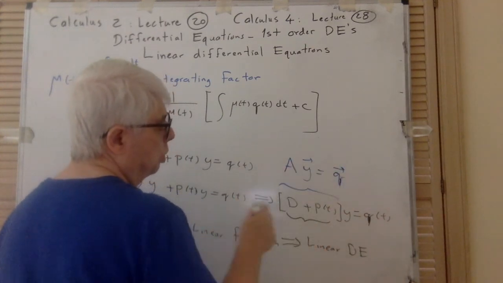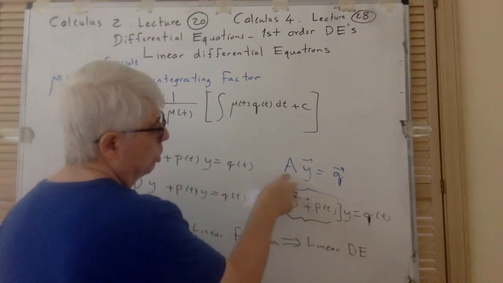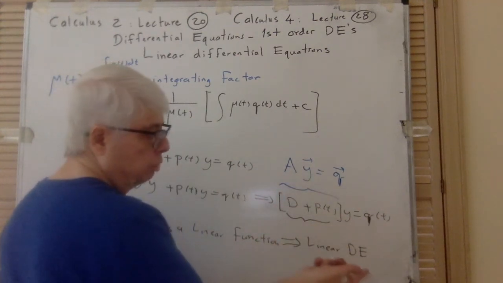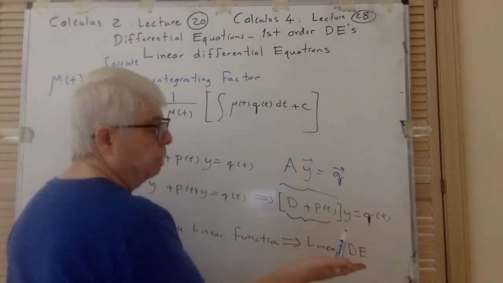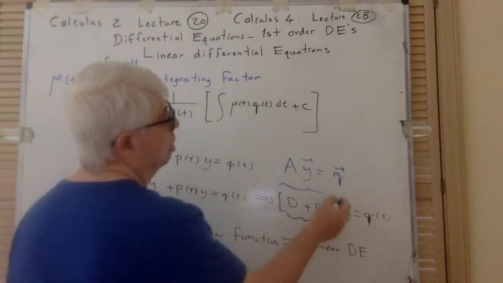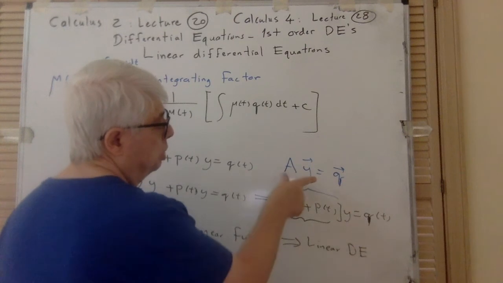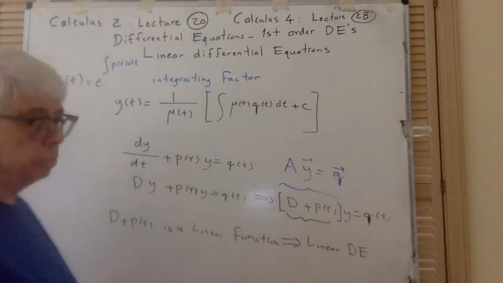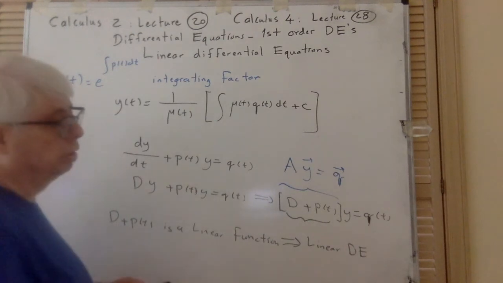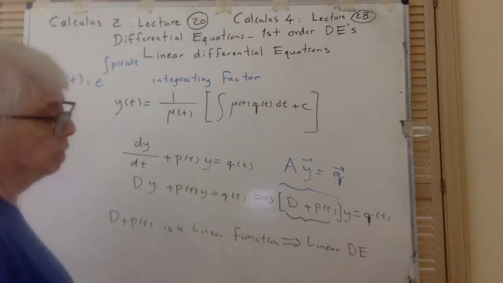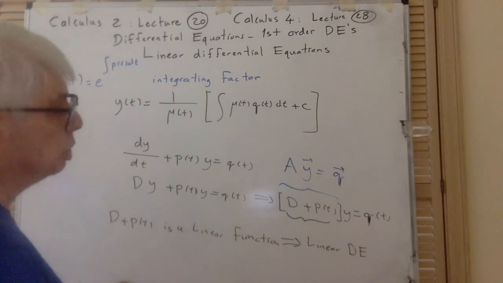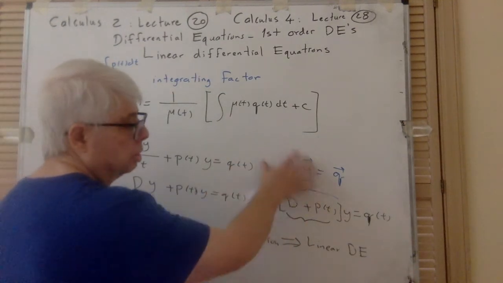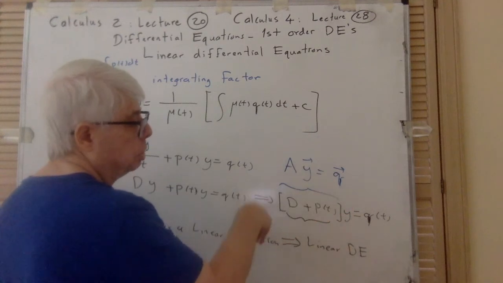So I have some operator or a matrix times a vector. Well, this is a vector, right? That's a function in a function space, and that function space is a vector space. So this looks like a system of equations, except we are not dealing with a finite vector space. But that is in fact a non-homogeneous equation.